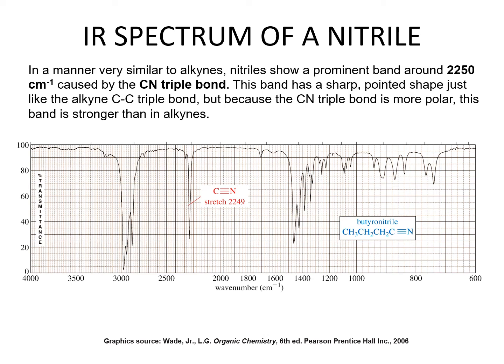And you can see that this absorption normally occurs at around 2250 in the spectrum, which also means the other alkyl groups connected to carbon will absorb at around 3000 for the CH stretching, or below 1600 for CH bending.